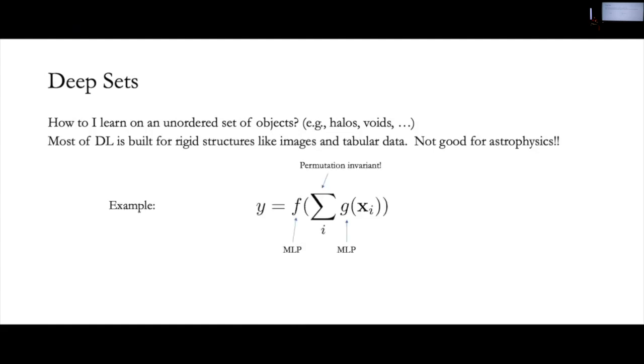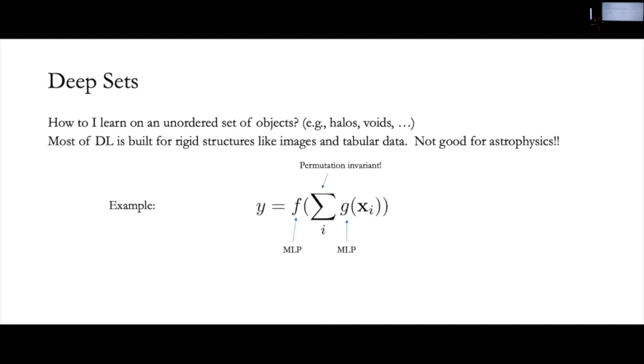The basic principle, and this is a really simple implementation of a graph network: you have a set of data X, you do a mapping from X to some higher dimensional latent space. You do a permutation invariant operation, like a summation, in that latent space, and then you have another mapping to the thing you're trying to learn.